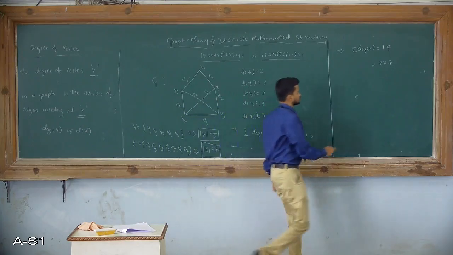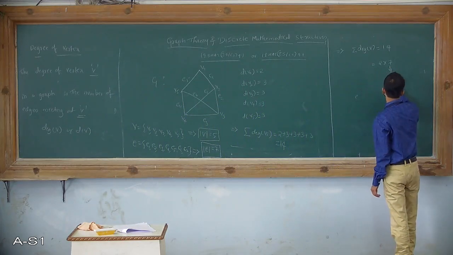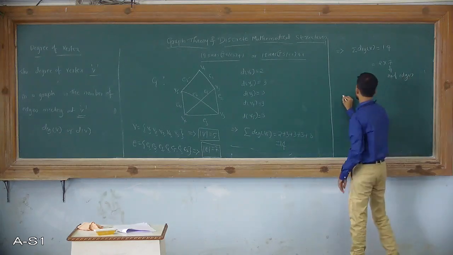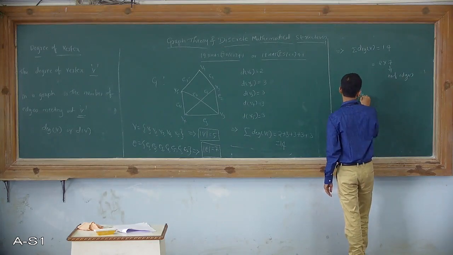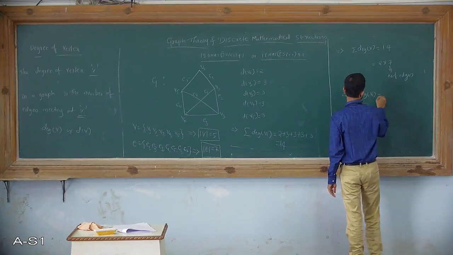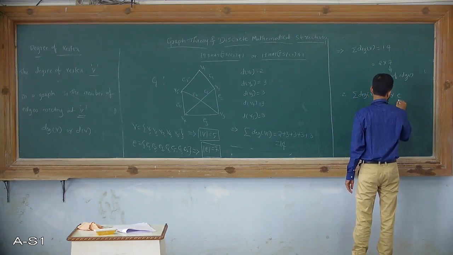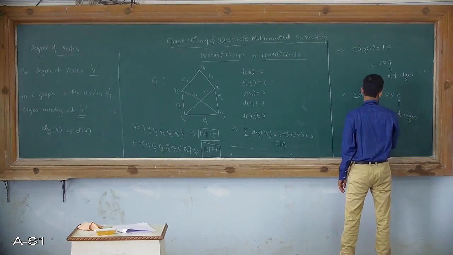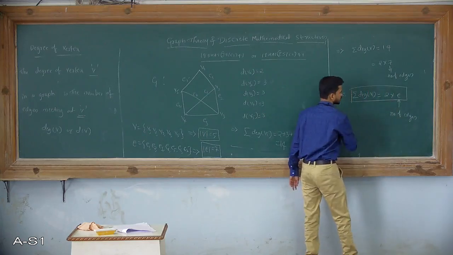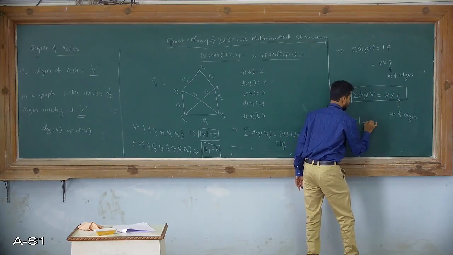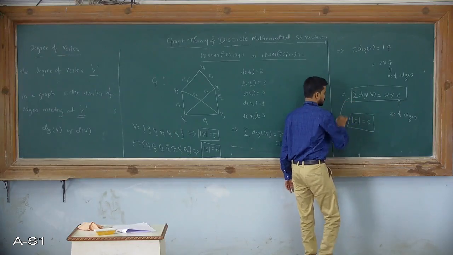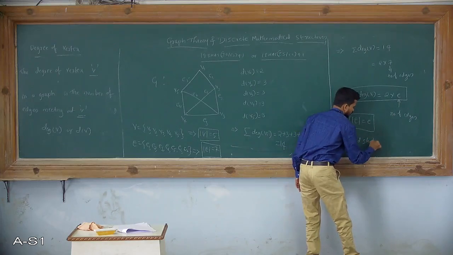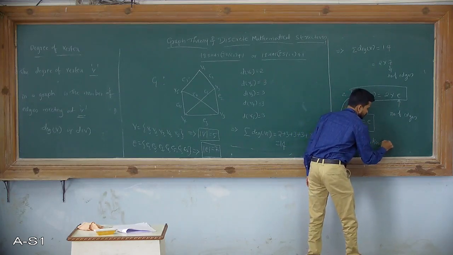So therefore this 7 is the number of edges. Therefore the sum of degree of Vi is equal to 2 times E, where E represents the number of edges. So this E is the cardinality of E, and this is called the handshaking property.